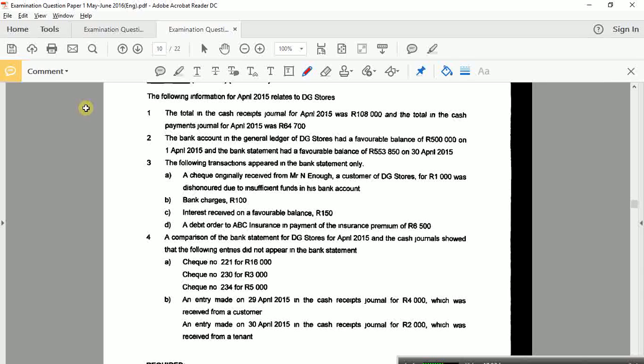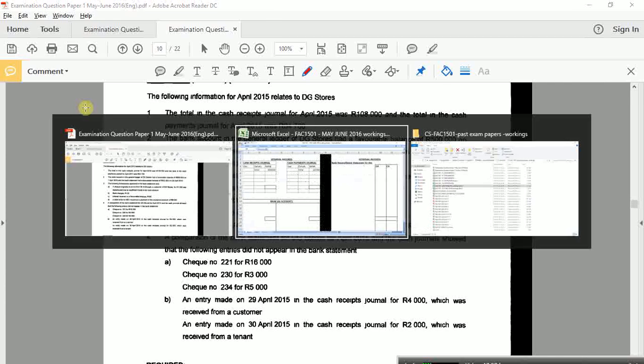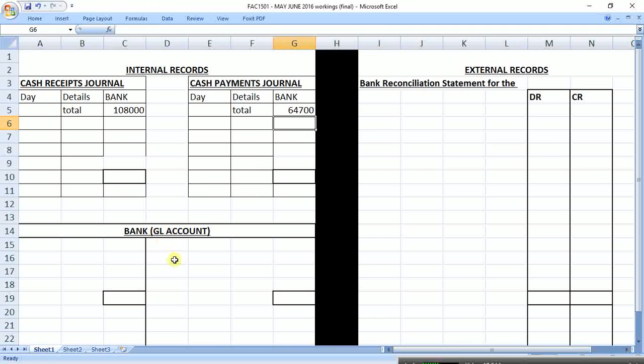Next. The bank account in the general ledger of DG Stores has a favorable balance of 500,000. And the bank statement has a favorable balance of. Okay, you got two balances there. So let's look at the first one. Where are we going to put the 500,000? The general ledger. Good.